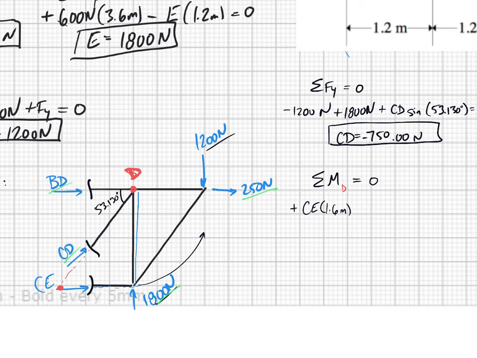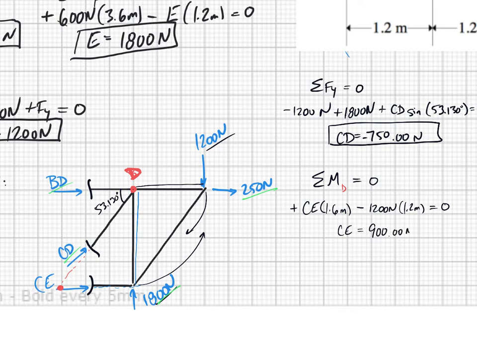The only other force working against that is this 1200 newtons, and it's got a moment arm of whatever that distance is, which I believe is 1.2 meters. That's causing things to spin that way, so that's going to be a negative sign. So that equals 0. CE then equals 3/4 of 1200, which is 900 on the nose.